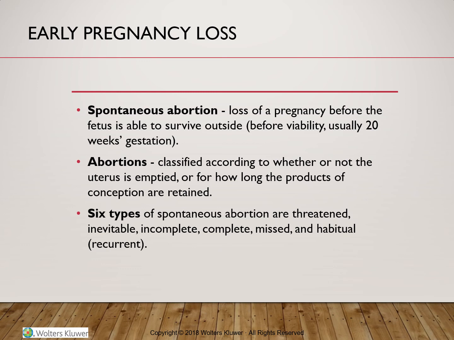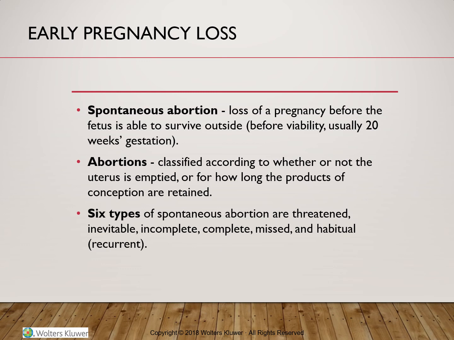Early pregnancy loss is probably one of the most common complications of pregnancies, and we have a few definitions here. We have what is called a spontaneous abortion, and that will be a loss of pregnancy before 20 weeks of gestation. The common name for an early pregnancy loss will be miscarriage. Abortions will be classified according to whether or not the uterus is emptied or for how long the product of conception is retained.